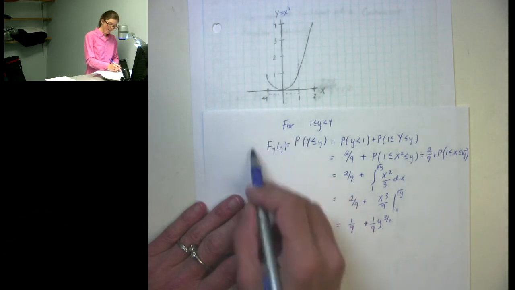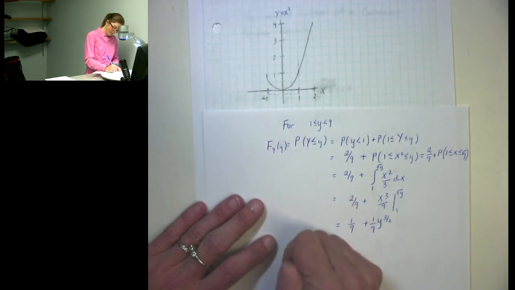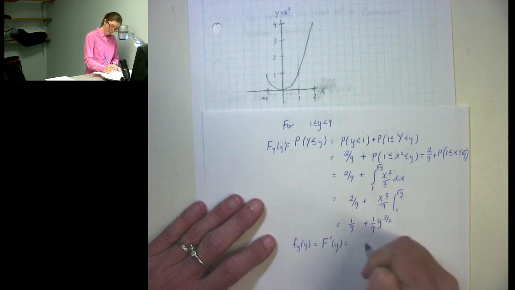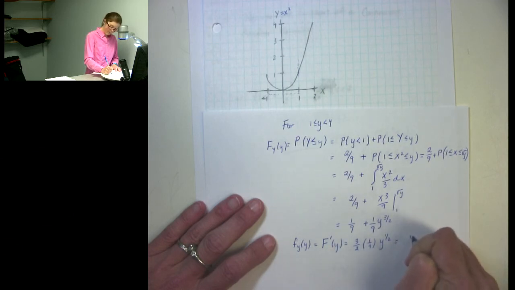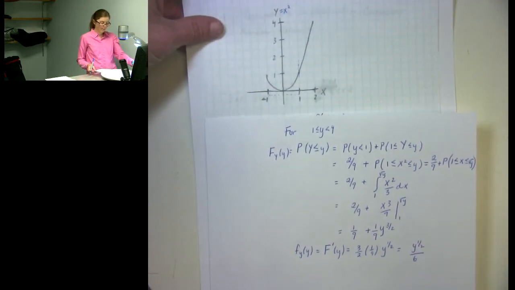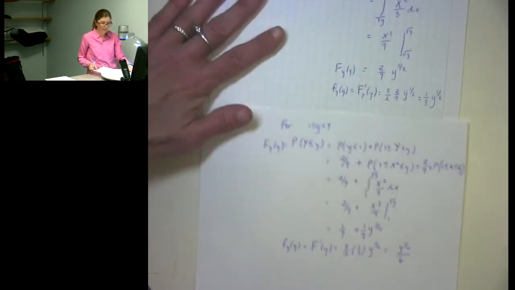And now if I want to find my probability density function, f of y, I'm going to take the first derivative of the cumulative distribution function, which is going to give me 3/2 times 1/9 times y to the 1/2, or y to the 1/2 over 6.